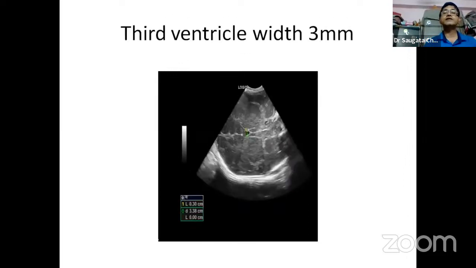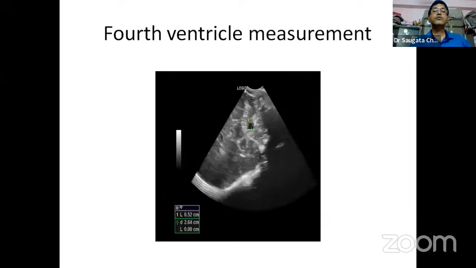This is the third ventricle width. We can see the third ventricle width in the C3 view as well as in the preauricular axis. The fourth ventricle measurement we see in the cerebellar view, postauricular.